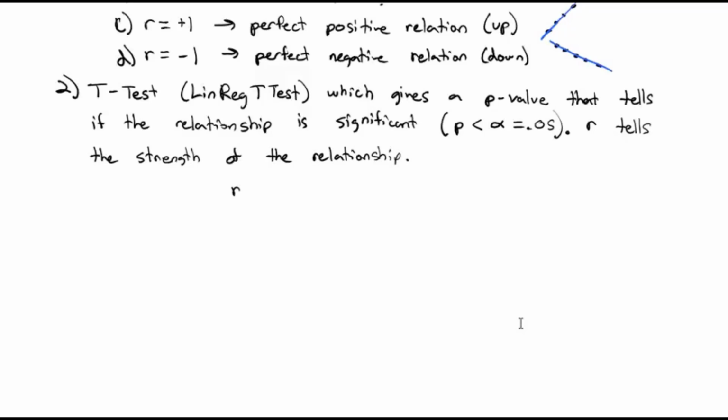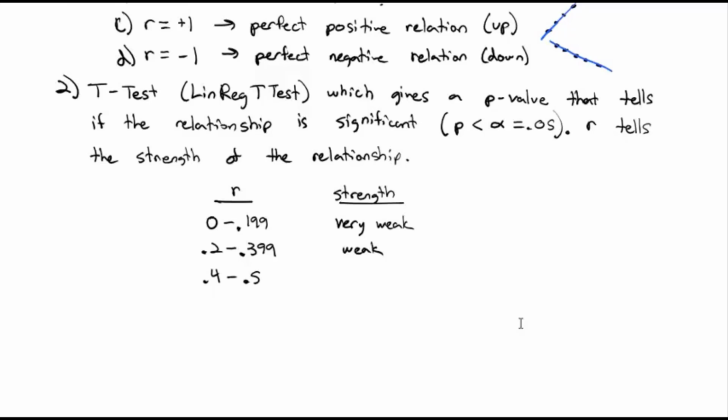R could be positive or negative, but what we'll say is if it's between 0 and 0.1999999, the strength is considered to be very weak. There might be a relationship because the p-value tells us it's significant, but it's very weak. From 0.2 to 0.3999999, we say it's just a weak relationship.